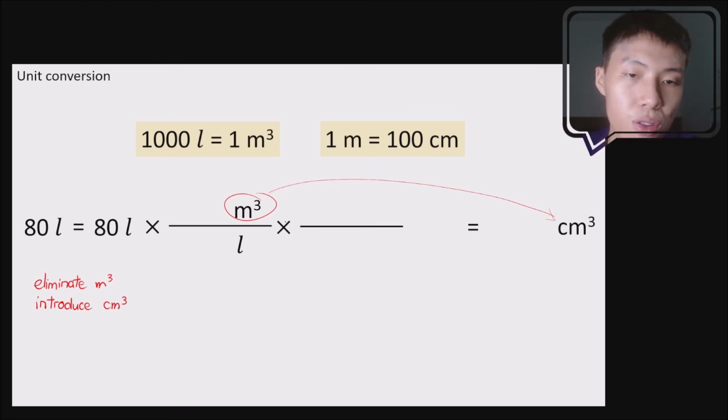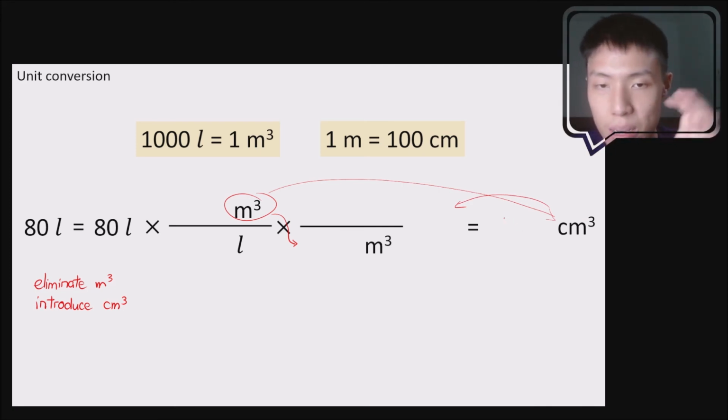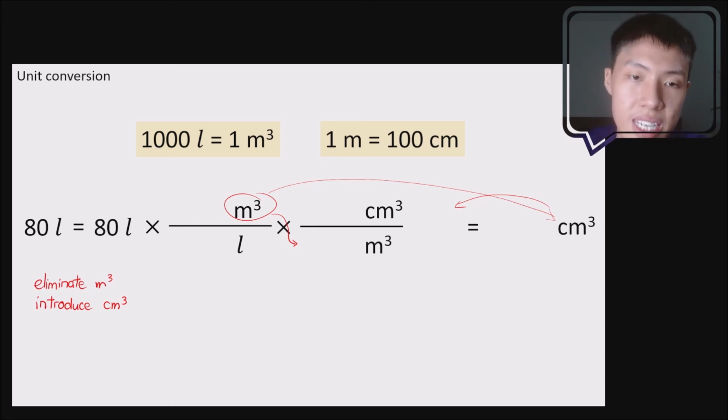If you want to eliminate, it should go to the opposite side of the fraction. So this is meter cube. Cm cube is what we want to introduce, so it should be on the same side, also above the fraction, on the numerator. So this is cm cube.